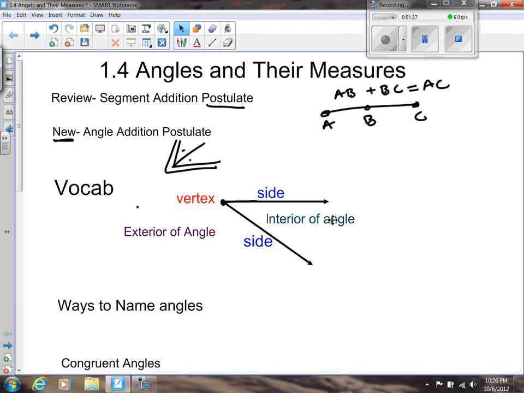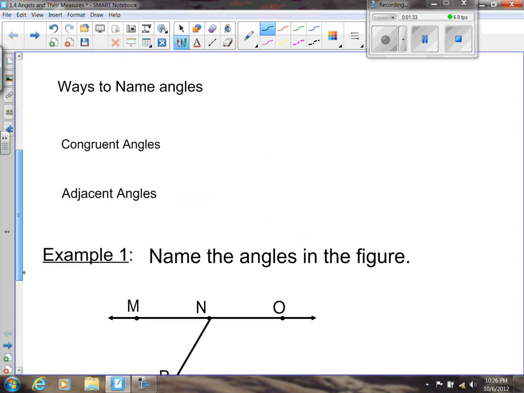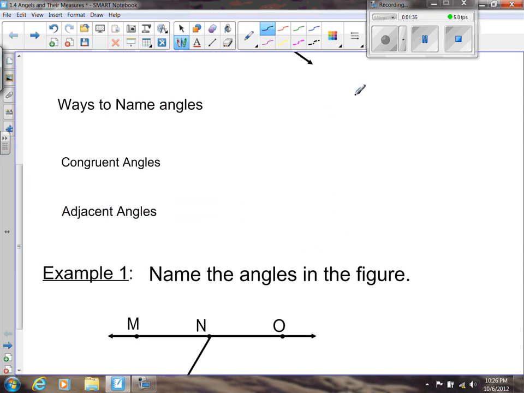Now there's a couple different ways to name an angle. So let's get an angle here first. It's kind of a sloppy angle, but it'll work. So if I have angle ABC, so A, B, and C are all points that are on that angle, I can name it. The most common way is to call it angle ABC.